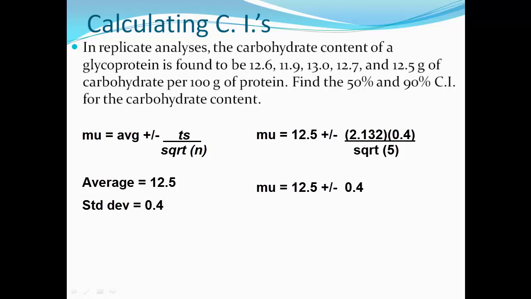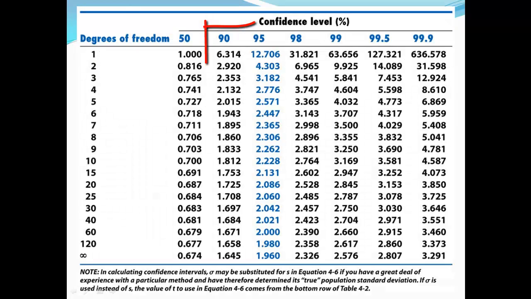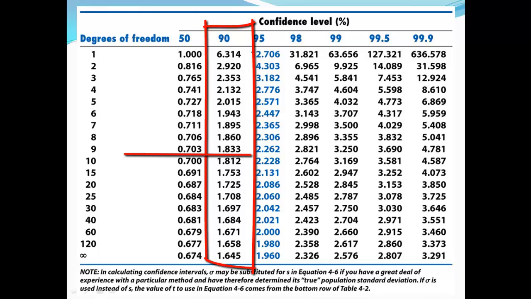The test yourself asks you if your average and your standard deviation stay the same, but instead of 5 values, you use 10 values, what would be your 90% confidence interval? So everything stays the same. The only thing that we're changing is the degrees of freedom. So we go all the way down to 9 at 90%. You see it's 1.833.